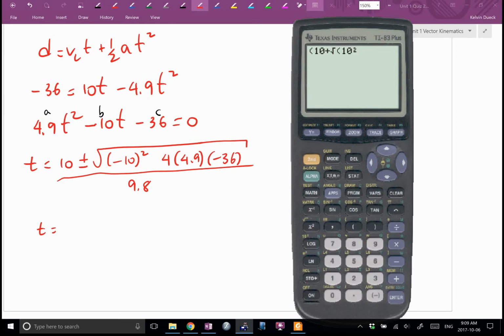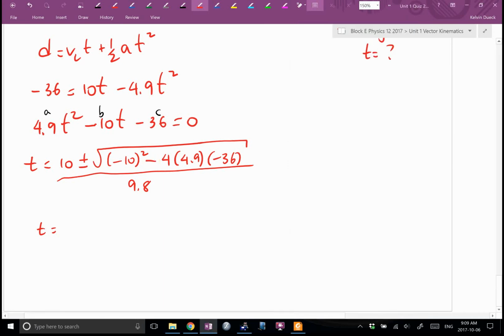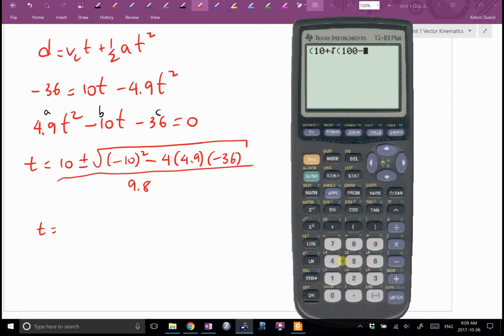Sorry. In your head, Connor, what's 10 squared? I'm embarrassed that I didn't just do that in my head. My minus sign vanished there, didn't it? b squared minus 4ac. Minus 4 times a times c. Close off the square root. Close off the top. Divided by 9.8.